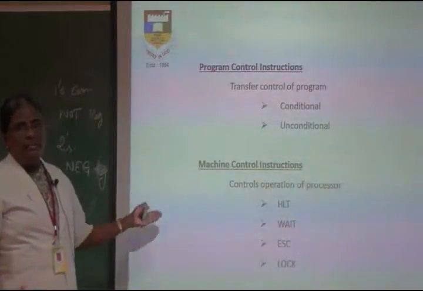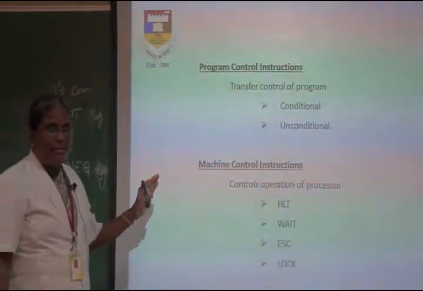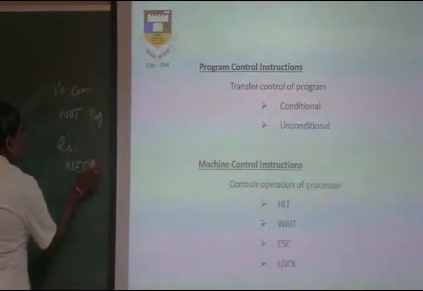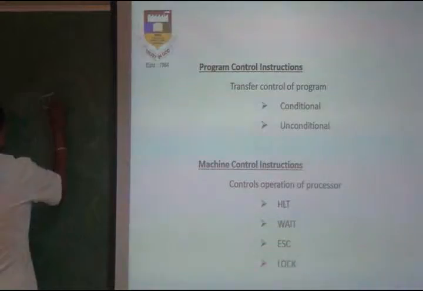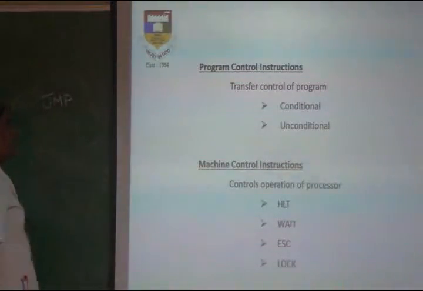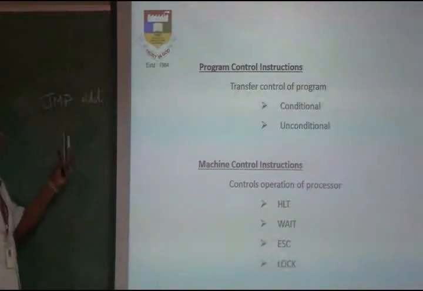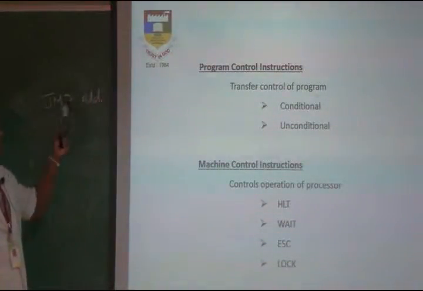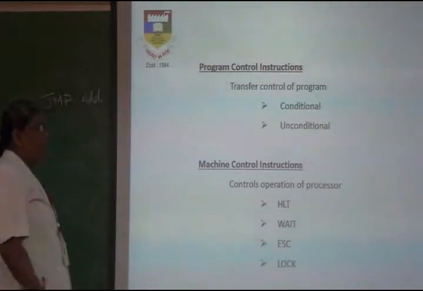Unconditional means without checking any condition, the control will be transferred to the specified location. For unconditional, the instruction used is JMP address. So without checking any condition, the control will be transferred. Conditional, it will check and transfer.